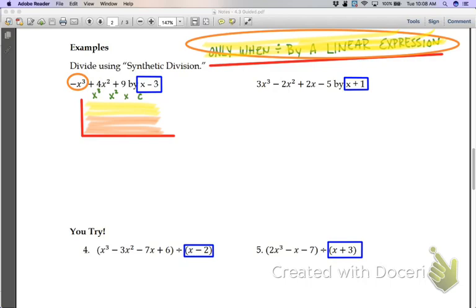Everything that goes in the yellow is going to be my coefficient of that power. So what number is in front of the x to the third? -1. So I'm going to have -1. What number is in front of the x squared? +4. If you need to write a positive, write that.